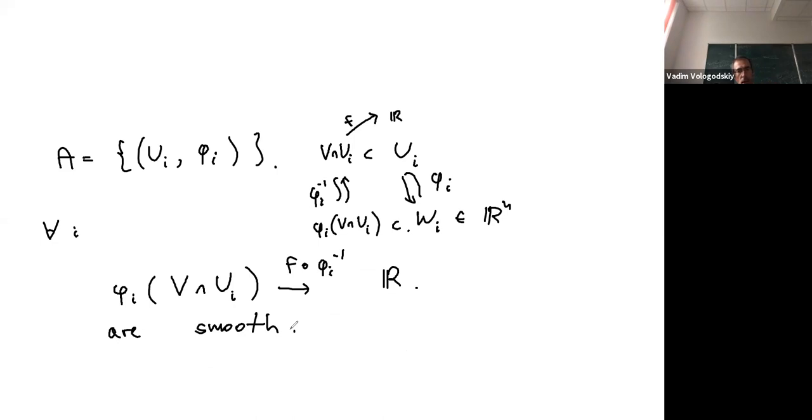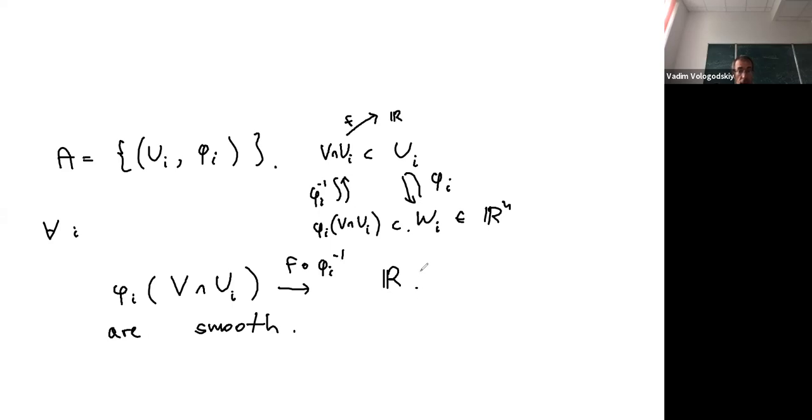And again, smooth here means that it has all partial derivatives. Clearly, this property of a function being smooth depends only on the equivalence class of an atlas.